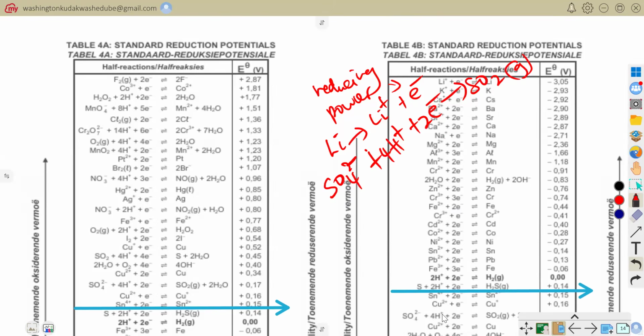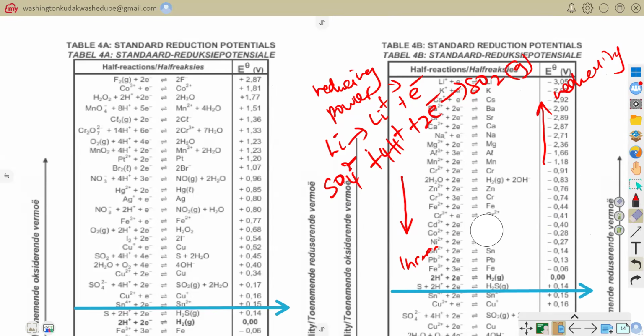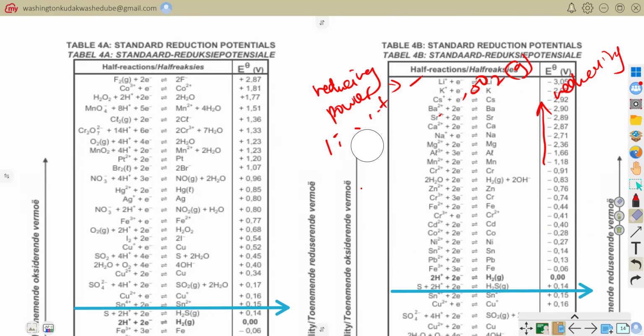So you can see that as we are going down, we are increasing the oxidizing power, whilst when you are going up, we are increasing the reducing power. That is how you use these two tables.